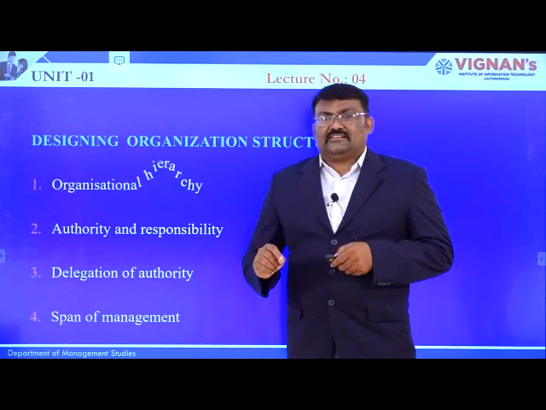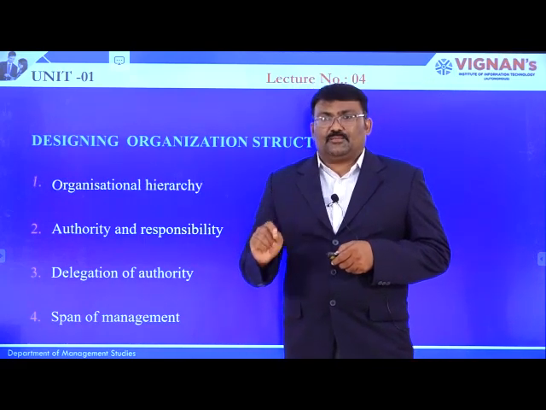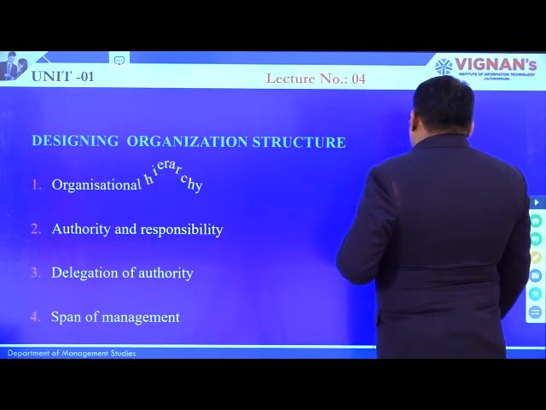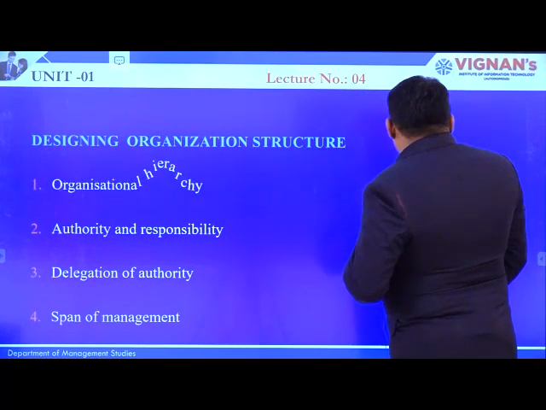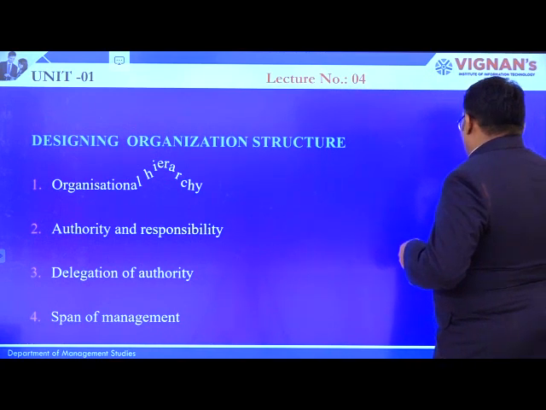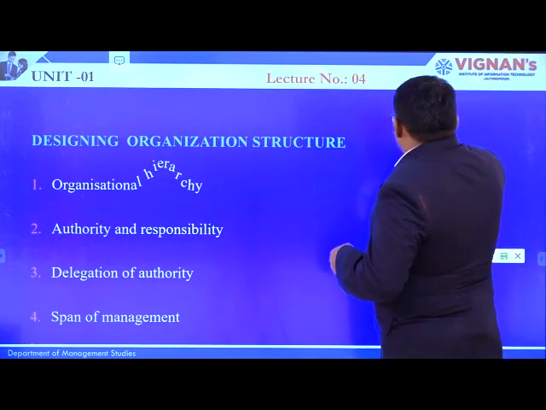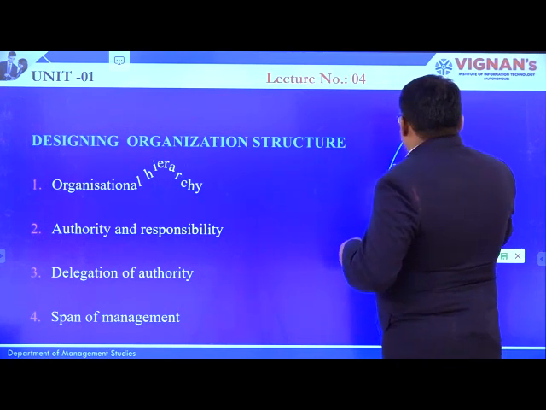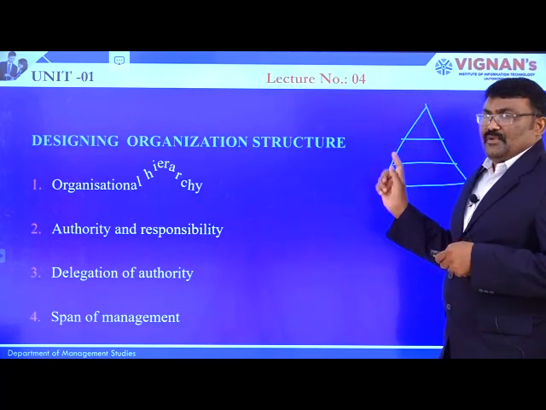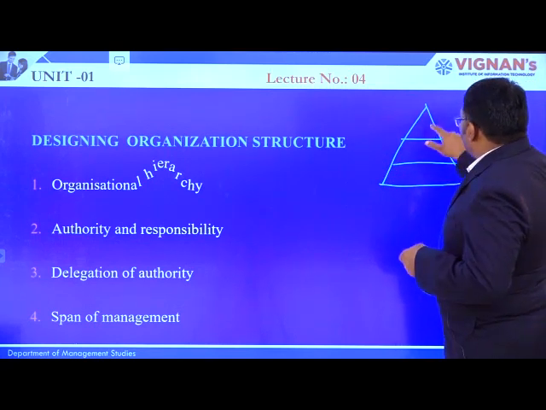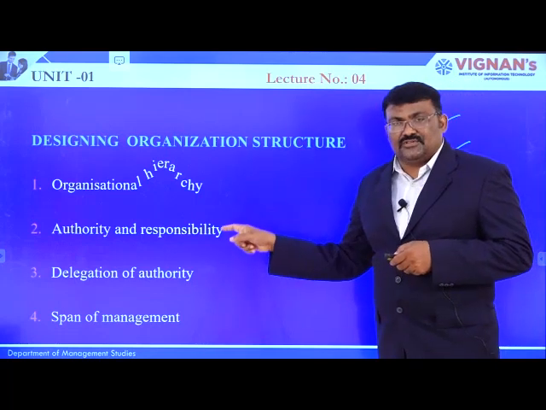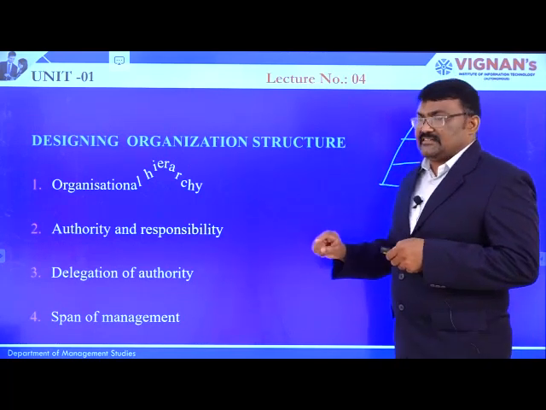The organizational hierarchy is related to the diagram which we have noted, that is the top level, bottom level and the middle level. Under these levels, we have understood the structure, that is organizational hierarchy.